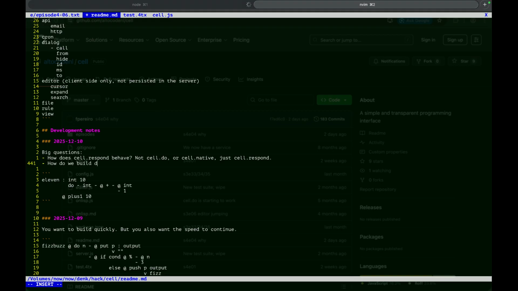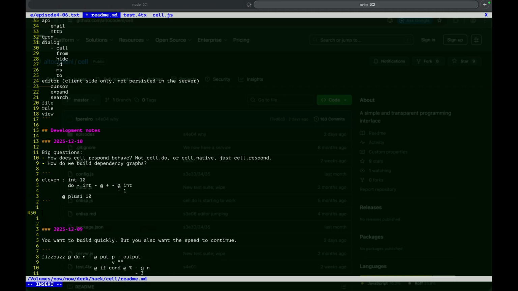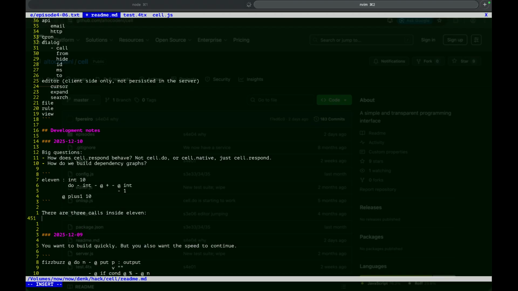How do we build dependencies? Graphs. So you have, there are 3 calls inside 11.